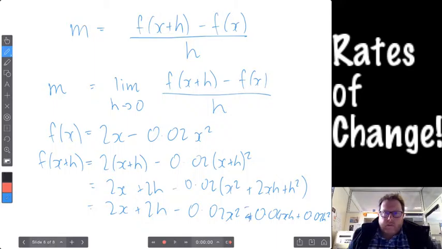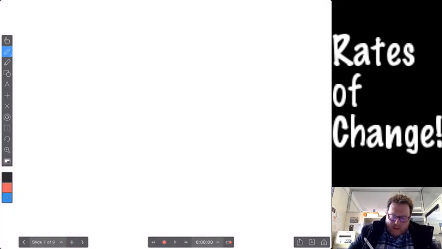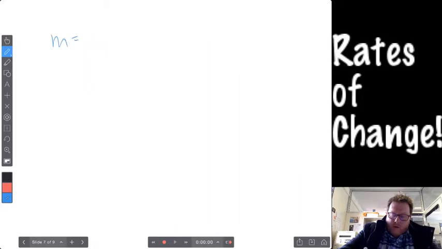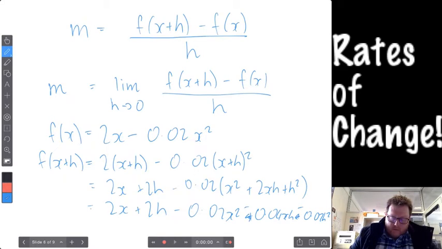Okay, so a bit of a long, complicated thing, but let's have a look at it in practice here. So I'm going to substitute f of x and f of x plus h into the formula here. So I'll do that on the next page. So f of x is 2x minus 0.02x squared. So we've got m is equal to f of x plus h. So I should have started off with that. So that's that big long thing there, 2x plus 2h. I'm going to have to keep on flicking through because it's quite long. 2x plus 2h, and then minus 0.02x squared.